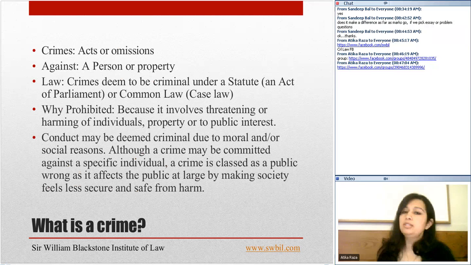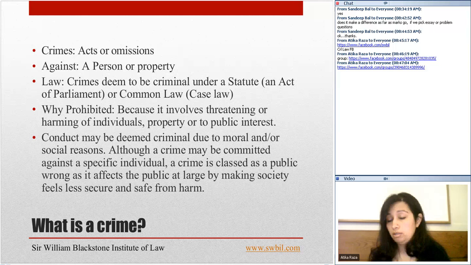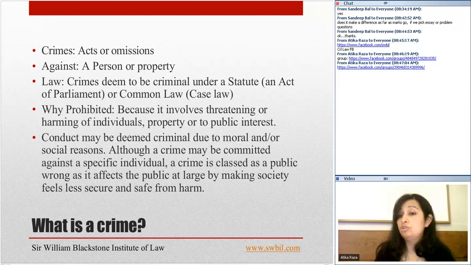Okay, crimes. Crimes are basically, according to your textbook definition, acts, which is something that you do, and it can also be an omission, which is something that you did not do. How is an omission a crime? You would think, right? Sometimes a law asks you to do certain things. You should be stopping on the red light, okay? You should not be stopping on the green light. You should be driving on the green light.